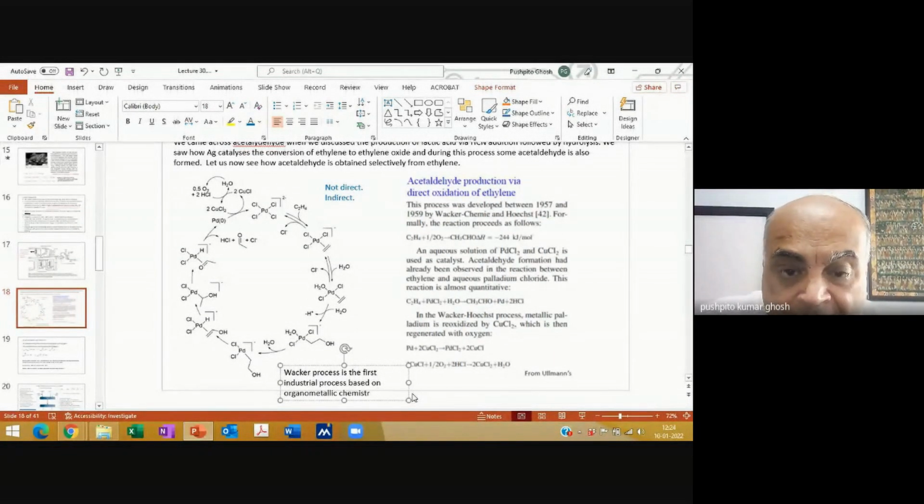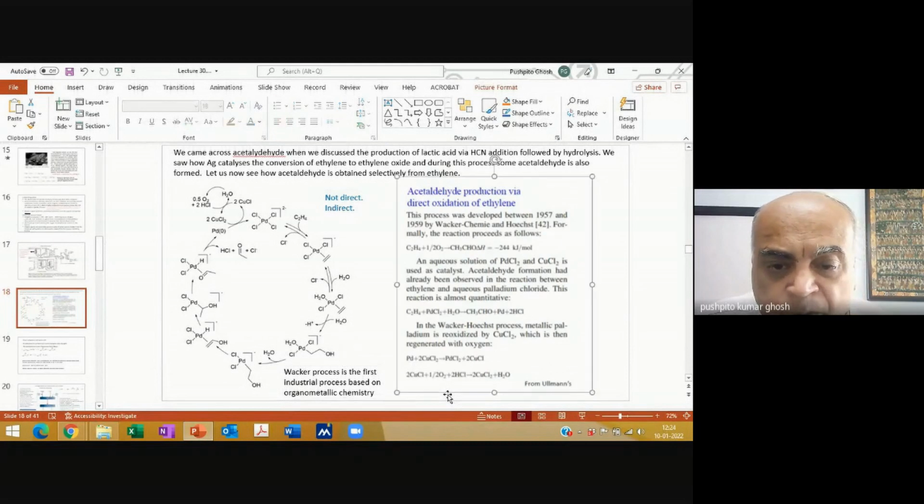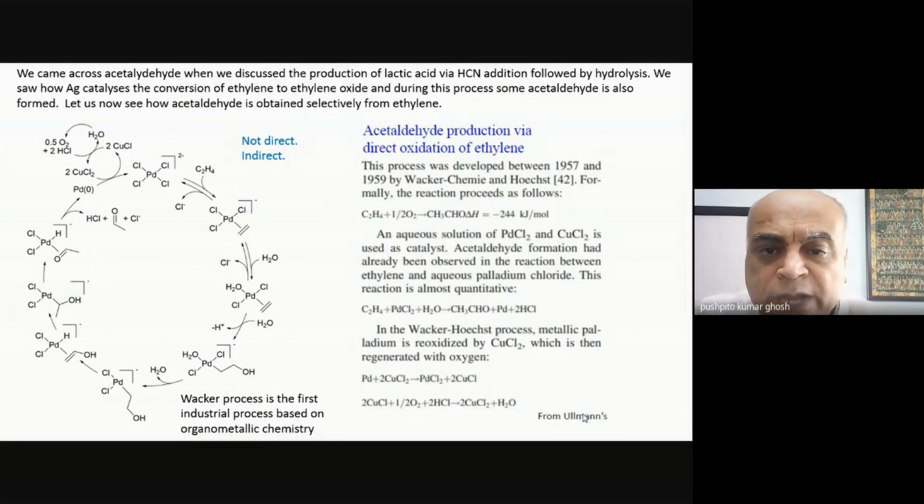The carbonylation processes I showed you, the Monsanto and Cativa processes, came later. The Wacker process precedes those. The observation they made was that you take ethylene, you take palladium chloride, and they were able to show that it forms acetaldehyde.